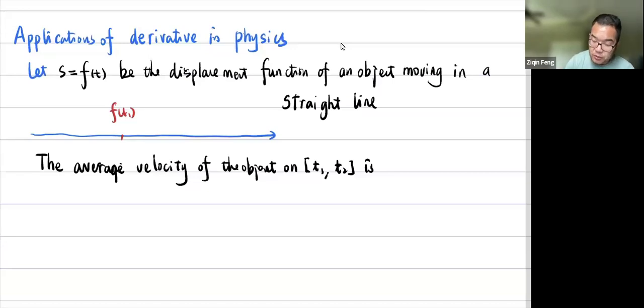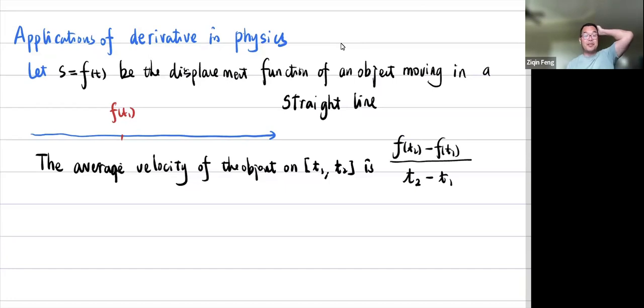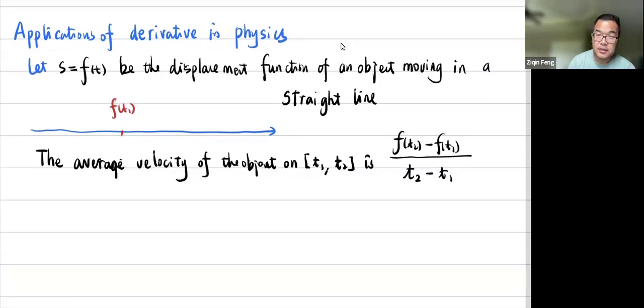So you moved f of t2 minus f of t1, so that's the displacement, over how much time you used, t2 minus t1. That's the average velocity of the object over an interval.